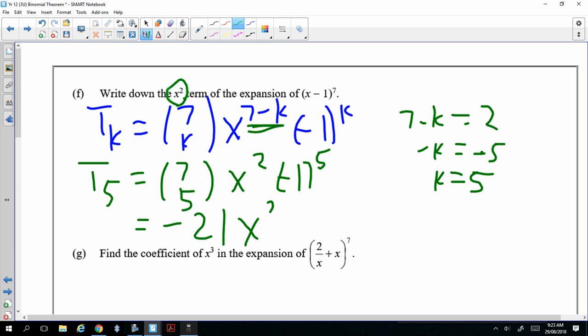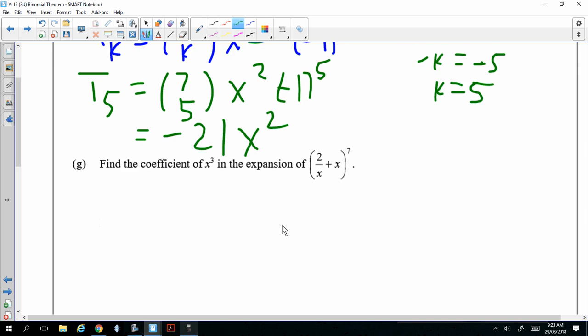Alright, good. Next one. Find the coefficient of x cubed in the expansion of this. Okay, so again find tk first. You do 7Ck, 2 over x to the power of 7 minus k, x to the power of k.